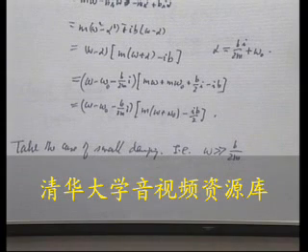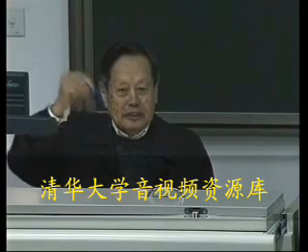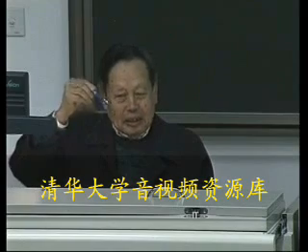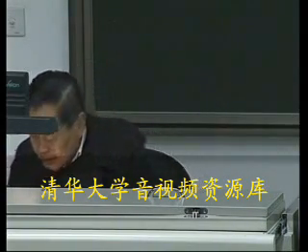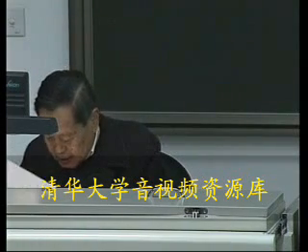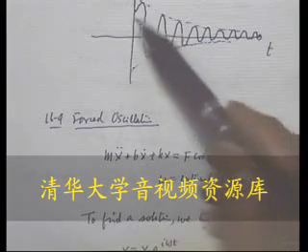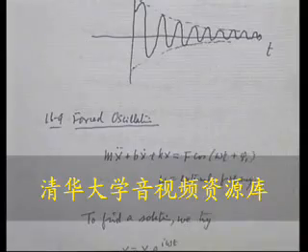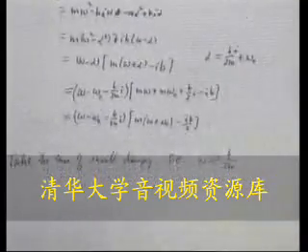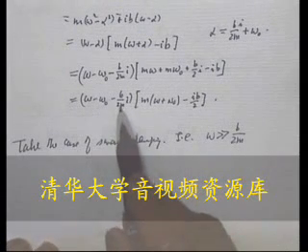If omega is very large compared to b over 2m, that means the damping is small, you oscillate. If omega is large and the damping is small, that means you oscillate many, many times before it damps. So let's take that case. If that is the case, you see that this term is small.